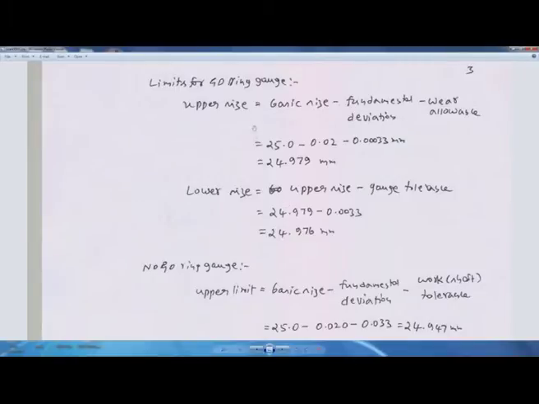Now once we calculate the gauge tolerance and wear allowance, we can fix the limits for the go ring gauge. The upper limit for the go ring gauge will be equal to basic size minus fundamental deviation minus wear allowance. So this will give us 25 minus 0.02, this is the fundamental deviation, and this is the wear allowance 0.00033 millimeter.